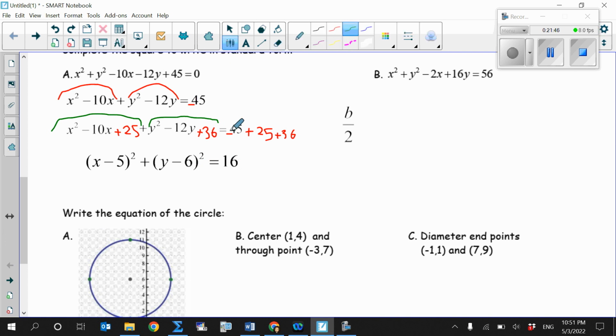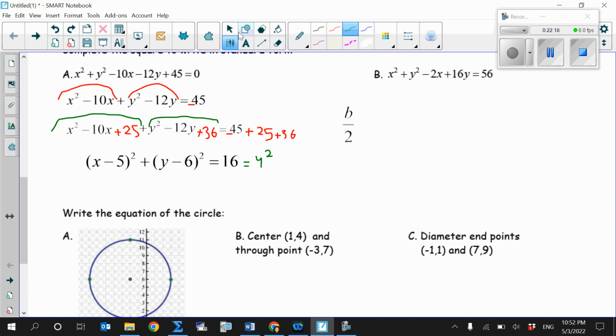If you want, we can also write the 16 as 4 squared, because that's the standard form of the circle equation. You're going to write r to the power of 2. So the 16, you take the square root of that, that will be r, and you write to the power of 2 to show exactly what is happening. So this will be the h and k, 5 and 6 are h and k of the center, and the radius is 4.